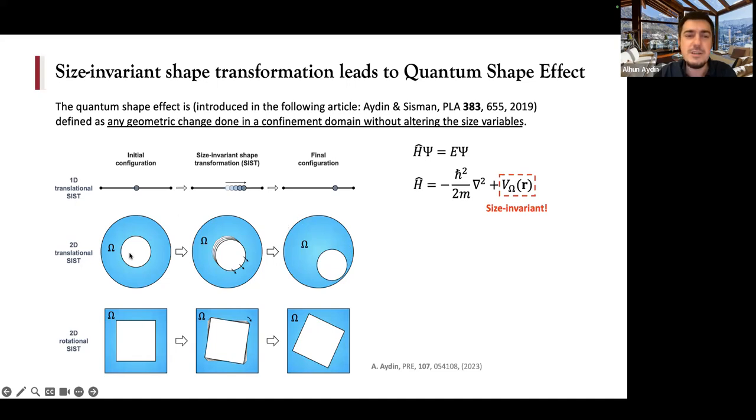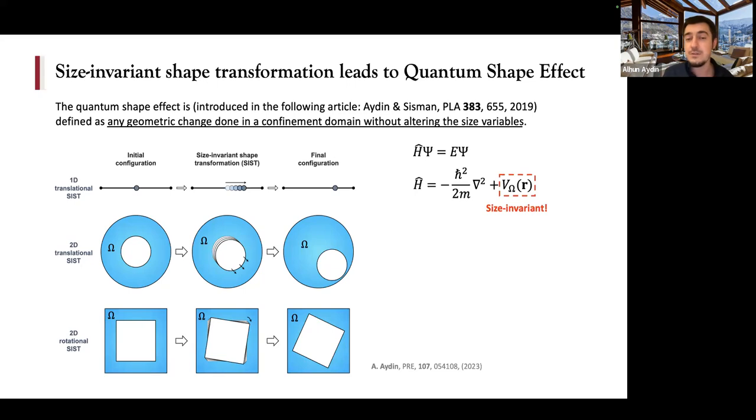Now compare this initial and final configuration. What do you see? Their shapes are clearly different, right? Consider yourself, for example, an electron traveling in this domain. It's quite different from traveling in this donut shape, right? So the shapes are clearly different. But consider the size variables now. We don't have volume here.